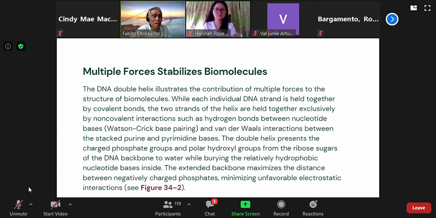So combining these forces, your covalent and your non-covalent bonding or attractions are utilized in forming the structure of biomolecules.